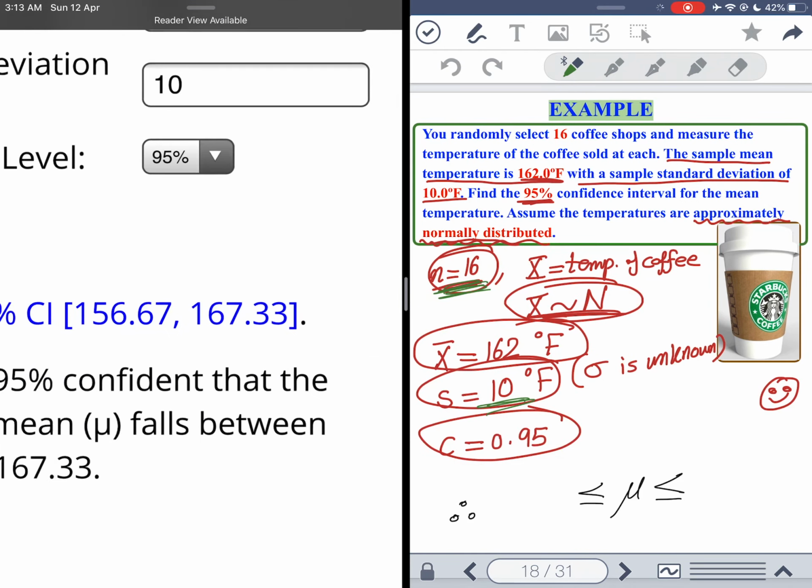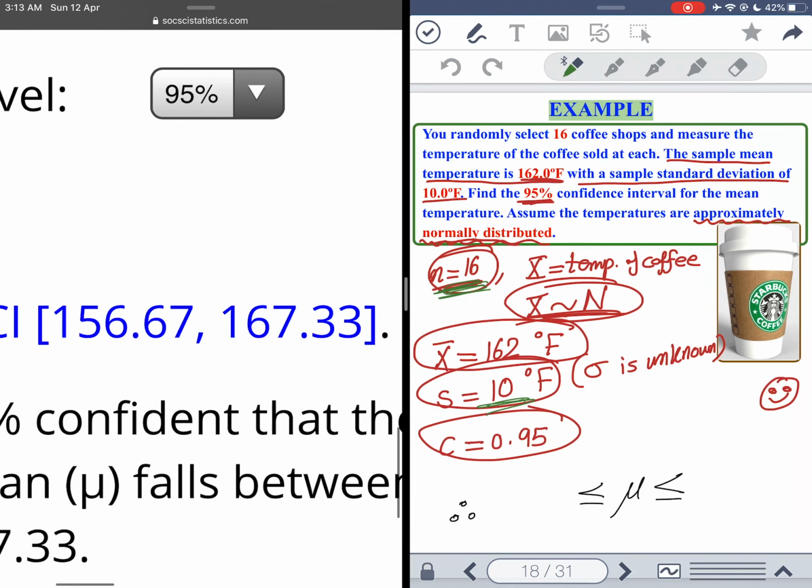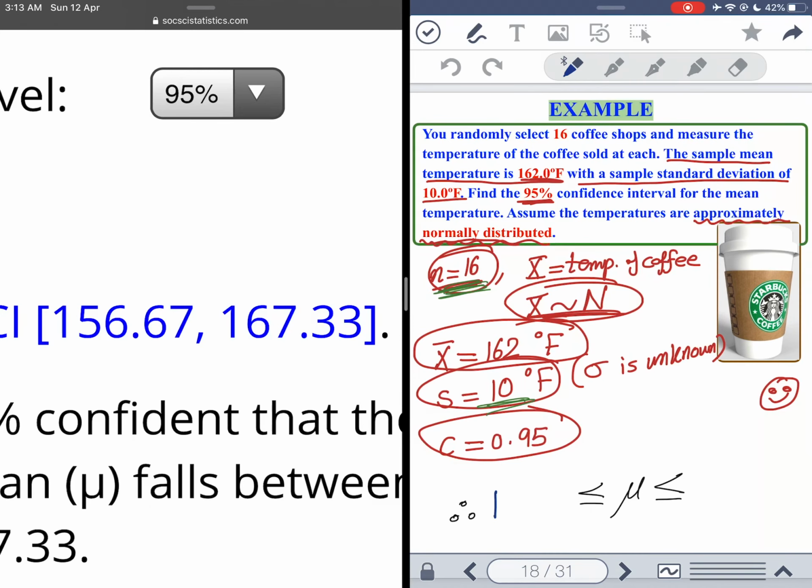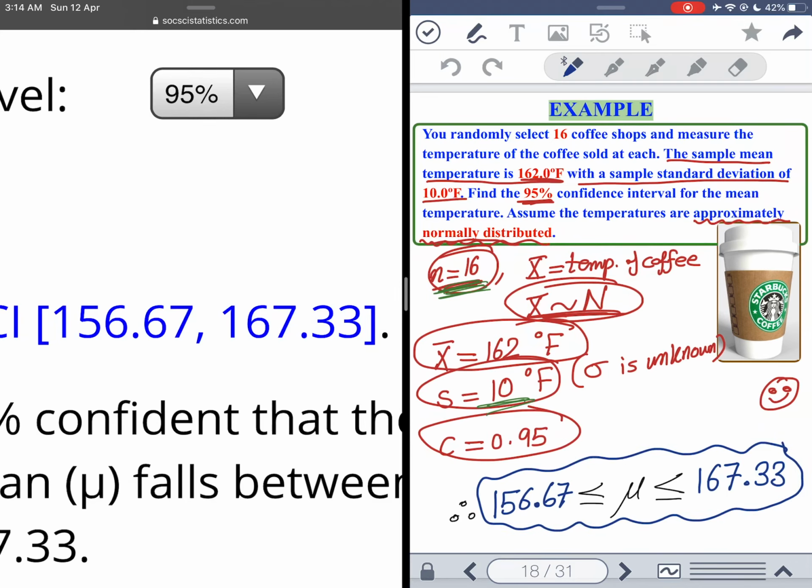The answer is in blue here, so I will write it in blue too: the lower confidence limit is 156.67 and the upper confidence limit is 167.33. I'm not going to write degrees Fahrenheit, but you understand it has to have the same units as the sample mean and sample standard deviation.